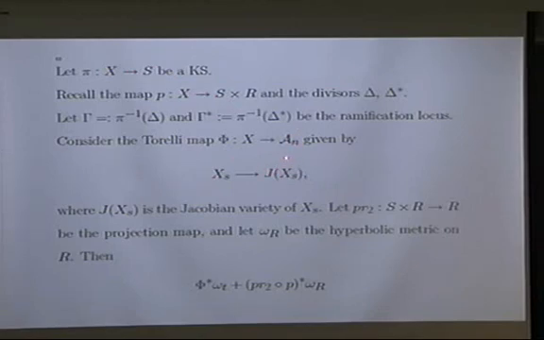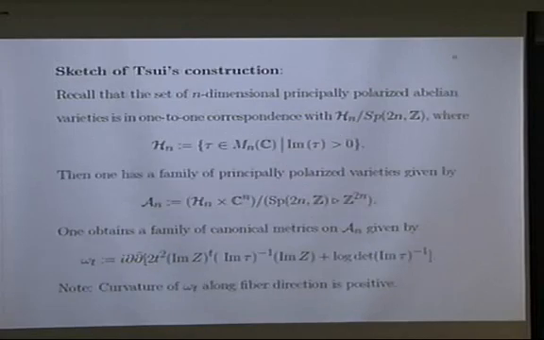AN is the total space of this family of abelian varieties. So this is the AN. So this is a family of abelian varieties over a quotient of H_n.